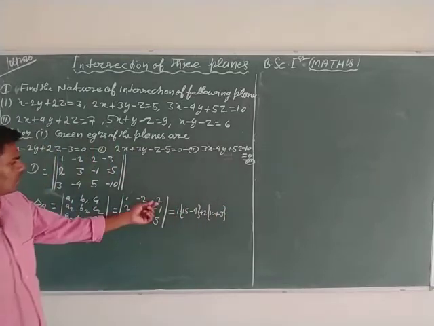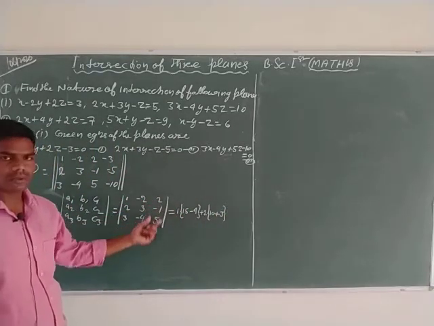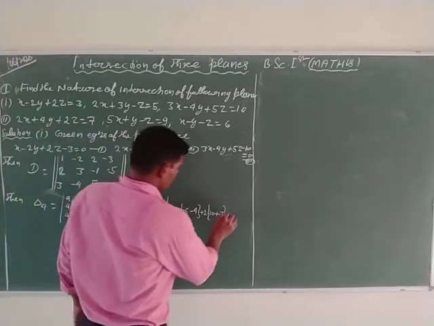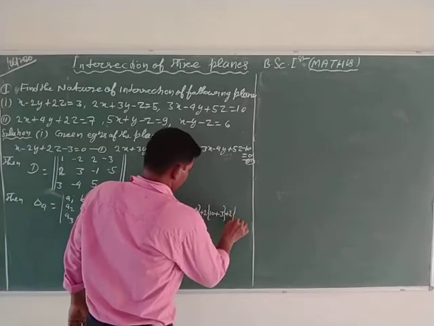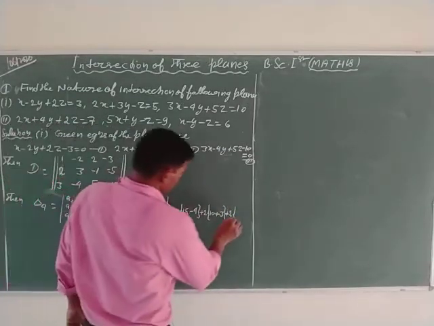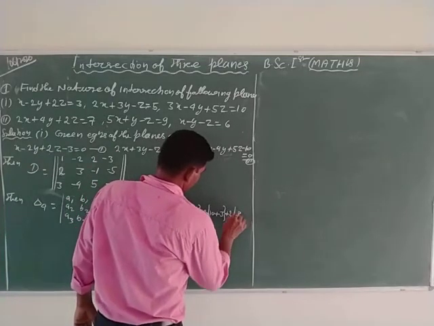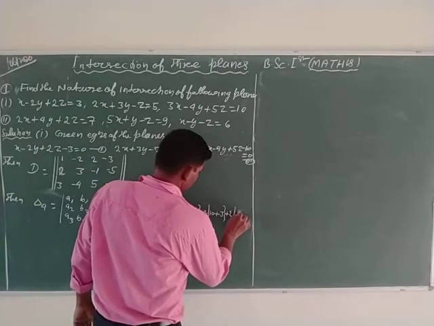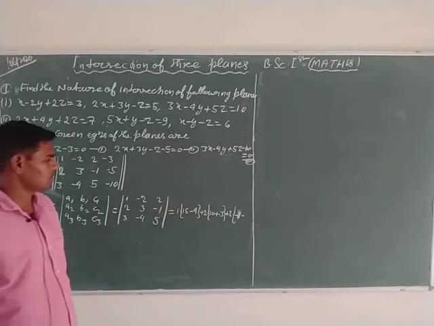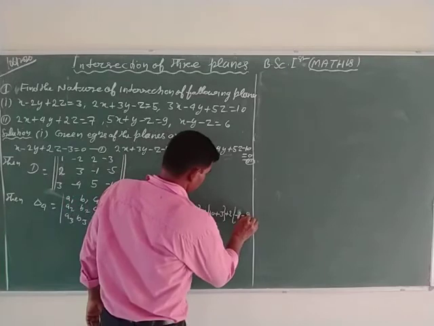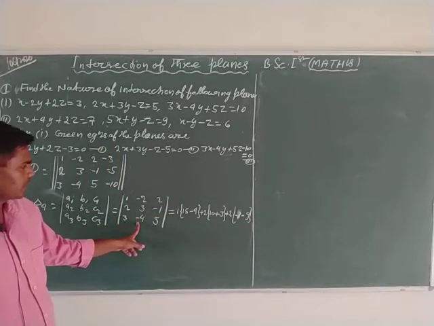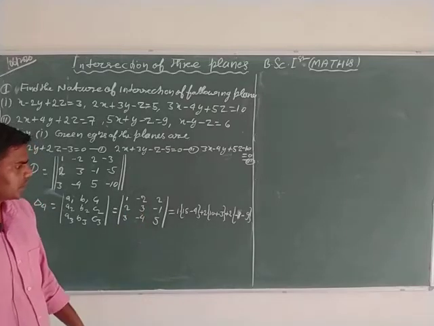At last, third row, eliminate the first row and third column, so it's 2 plus 2 in bracket, 2 multiplied by 4 minus 4 is equal to minus 8, and minus 8 minus 3 into 3 is equal to 9, minus 9. 2 into 4 minus 8, minus 3 into 3 minus 9.